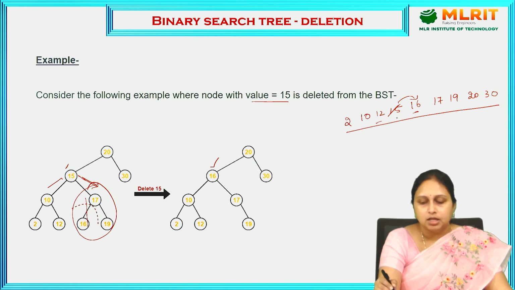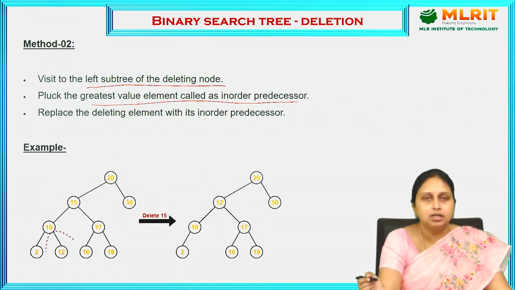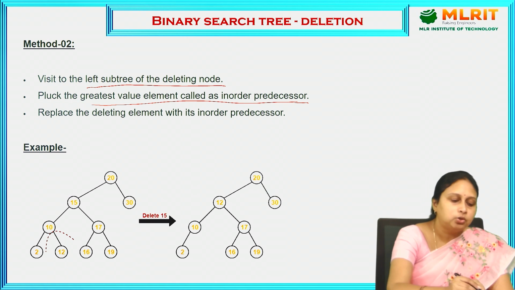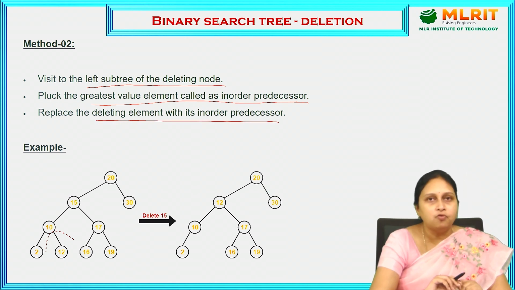Here, in the right subtree, I selected the in order successor. But here I am going to select the in order predecessor. The in order predecessor is 12. Right? That will replace the deleted element.